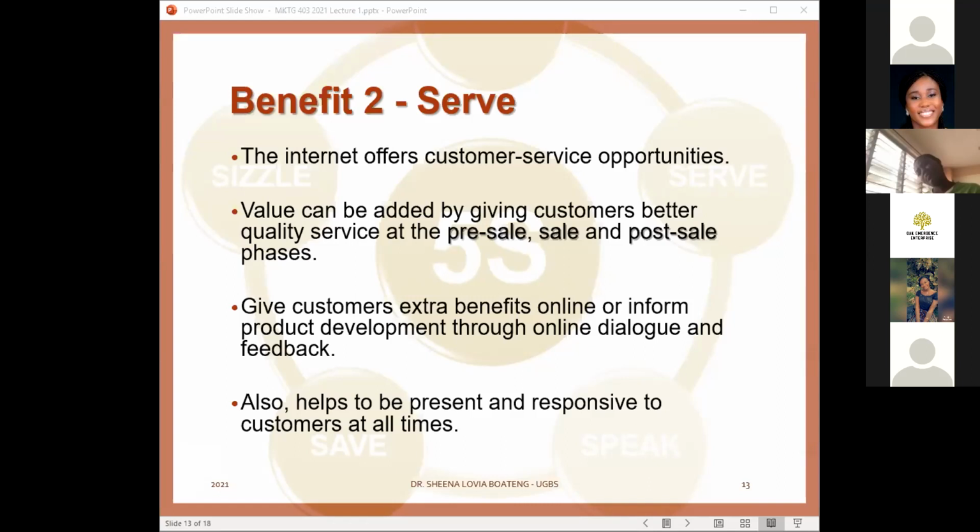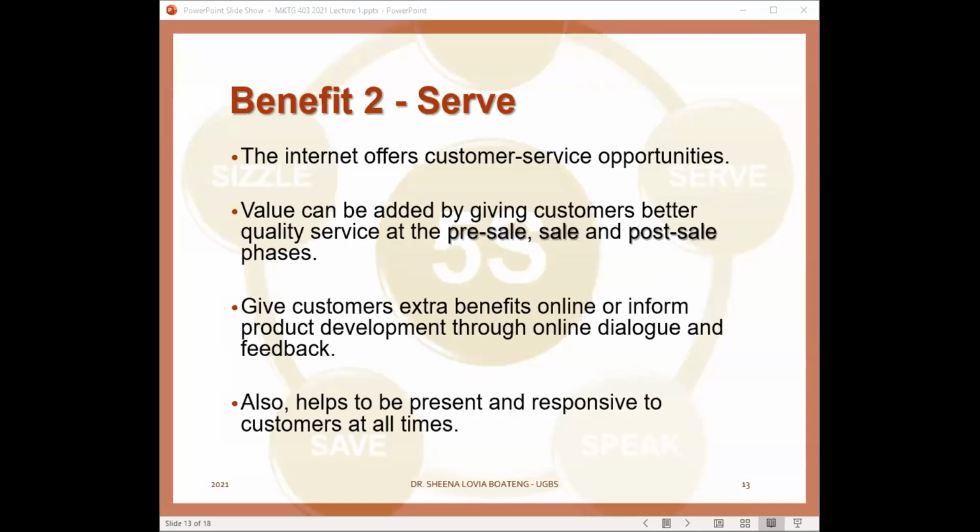So, as we have been able to establish, we understand how important the internet is in terms of customer service, both at the pre-sale, the sales stage, and the post-sale stage. And bear in mind that all these things we are talking about were previously very difficult to do, if not impossible, in the brick and mortar context.